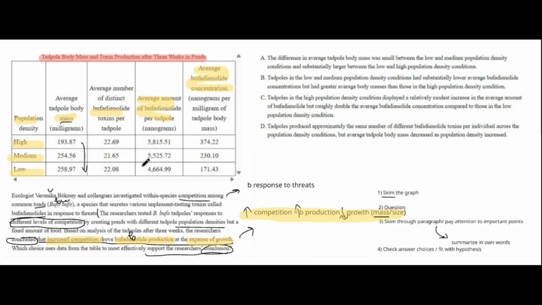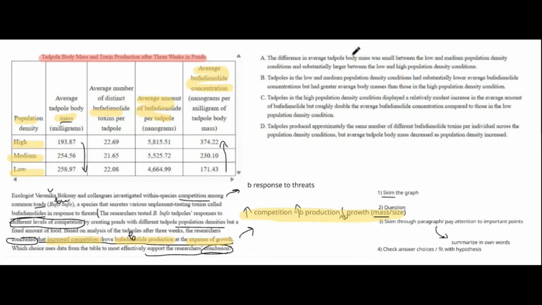And when we look at B production here, we notice that as population density rises, our B production is going to also rise. Now, from this point on, we want to jump straight to the answer choices to see which one fits the hypothesis. And let's begin with A.